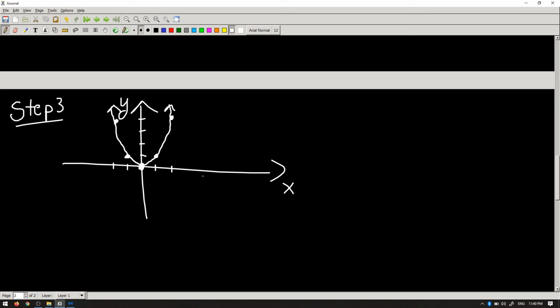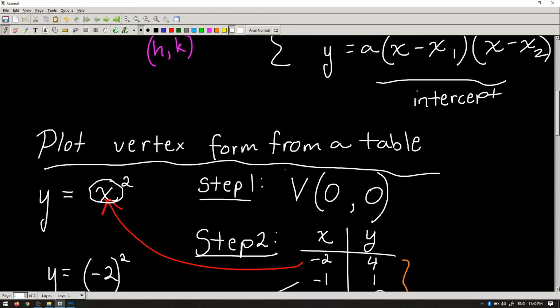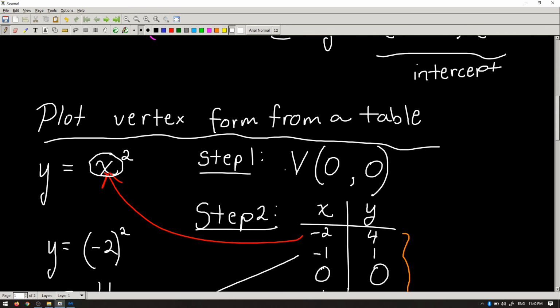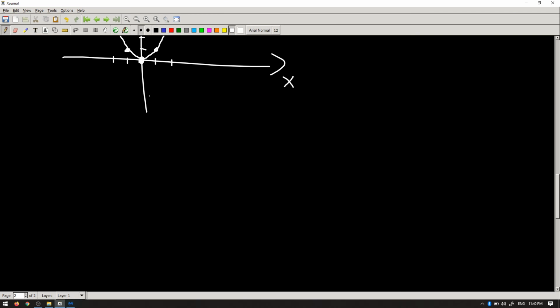I've got a parabola. And there you go, there's your curve. So we've got our parabola now from that information, and that is how you plot from vertex form.